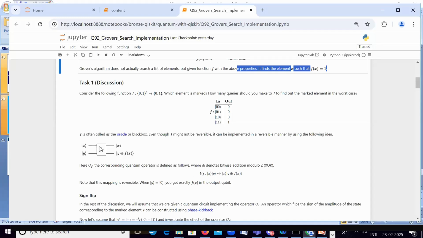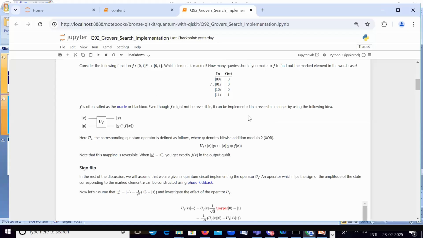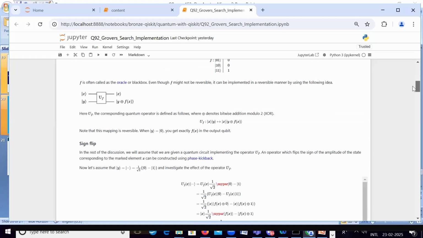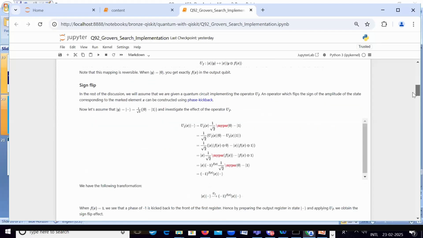We also learned in the calculation that any operator can be applied to any state by applying the tensor product, or the dot product. Instead of multiply, a small correction in one place: I think it was said 'multiply'. Instead of that, it's a multiplication, but that's the dot product when applying the tensor product. Somewhere I realized this. Now, next is the sign flip.